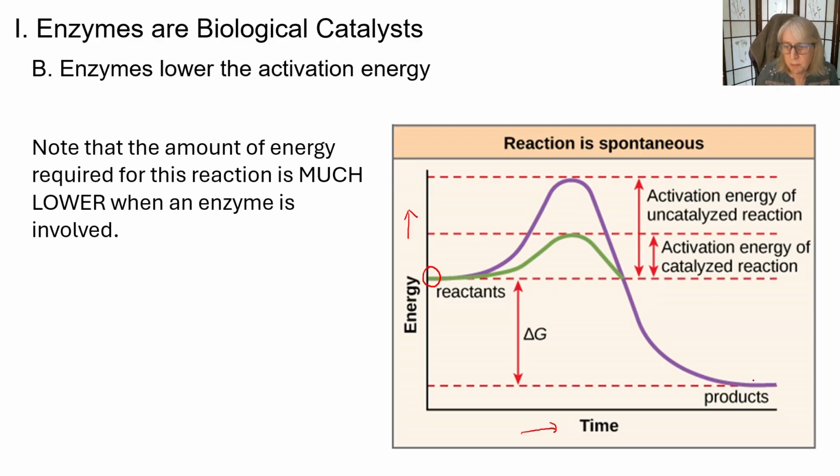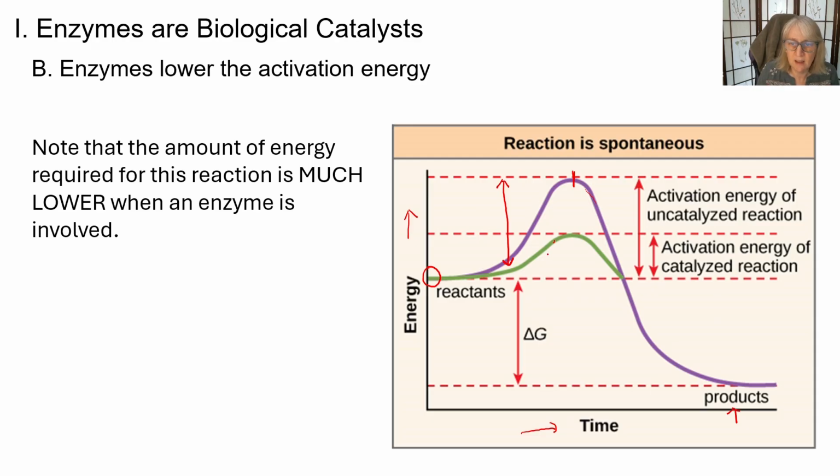And I want them to be turned into products, or the final result that I want. This represents a little bit of rise in energy. This is energy I need to put into this reaction. When it happens normally, that's the purple line here that I'm tracing. That purple line requires a whole bunch of energy in order to get me to the point where the reaction will then just proceed on its own to the products.